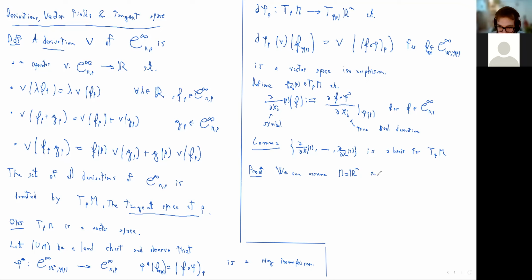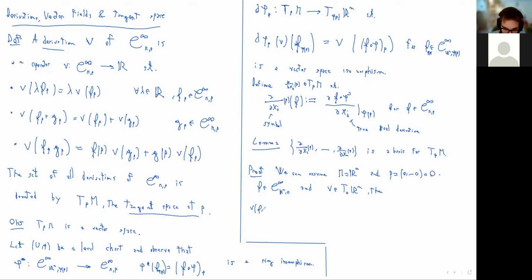And we can also assume that p is nothing but the zero vector, which I will always just call zero. And now we take f, which is a germ of a function on R^n at zero, and we take a derivation at this point. And then we just compute a bit.